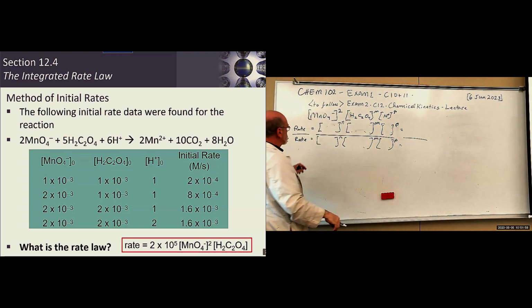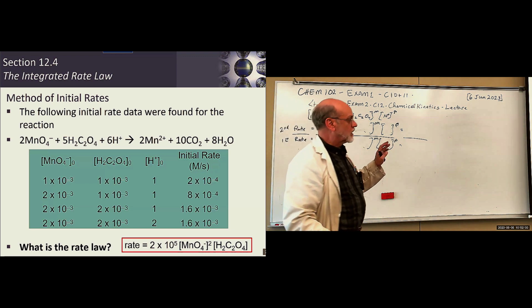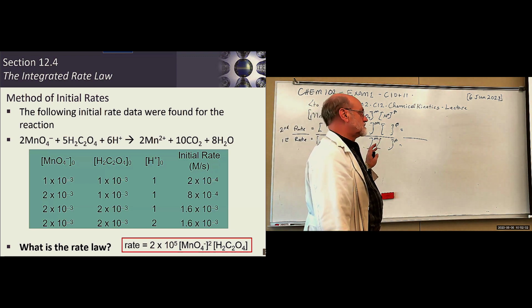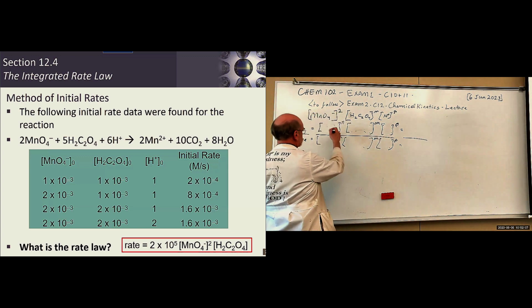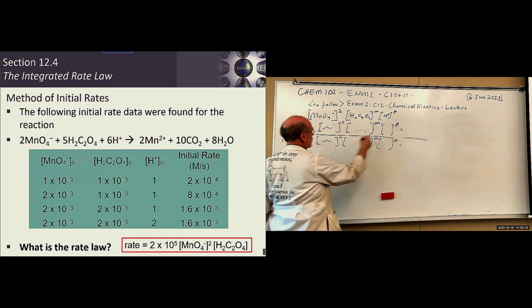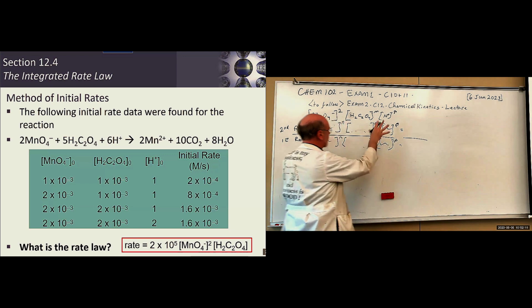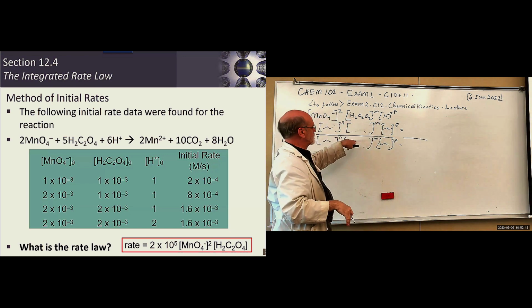So for the second one, we're going to hold this one constant and that one constant. So that one gives something, that one gives something, they're the same. This is the only one that varies.